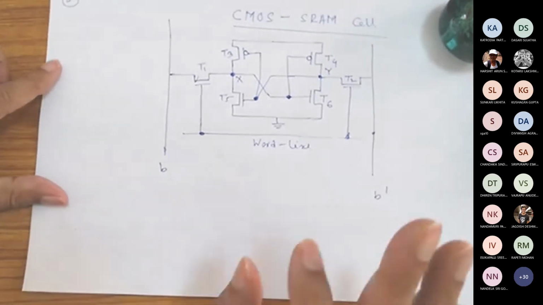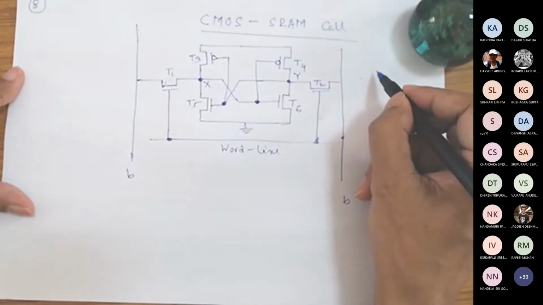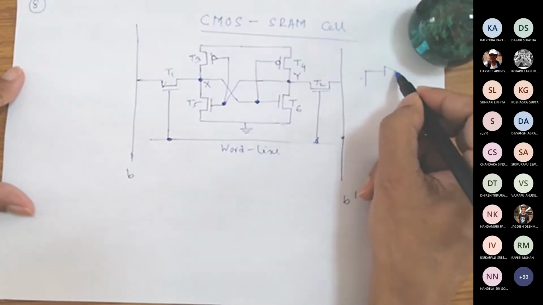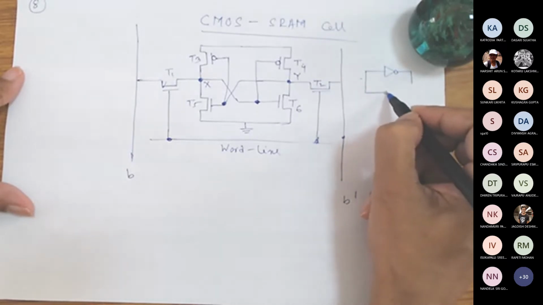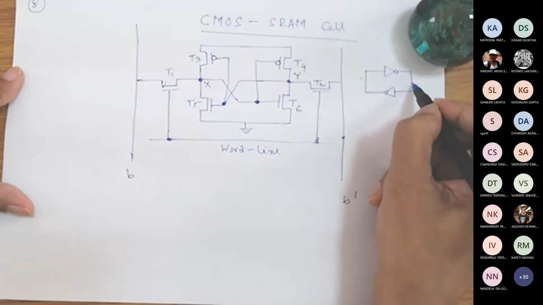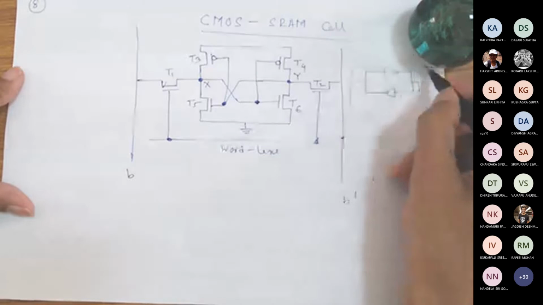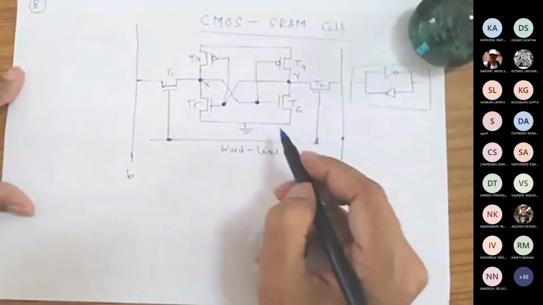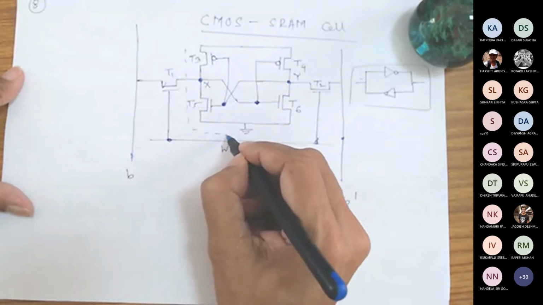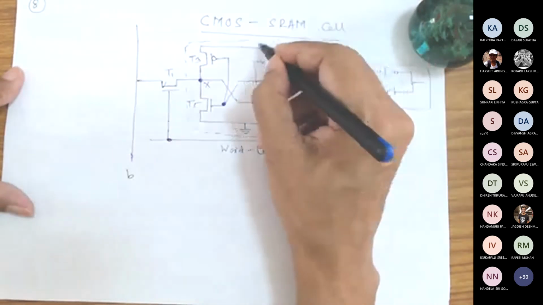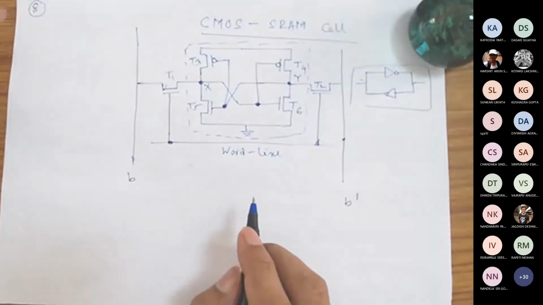Now, this is the same circuit. What I have replaced is the NOT latch, which was there in the previous circuit. I simply used a CMOS logic here. This part is nothing but this portion, and this part is nothing but this.